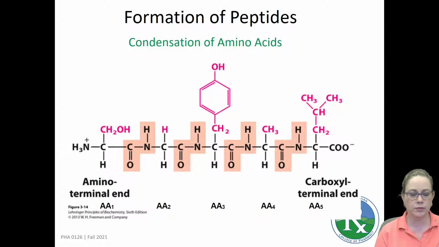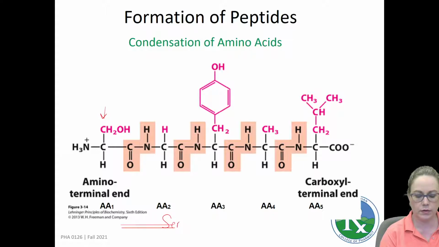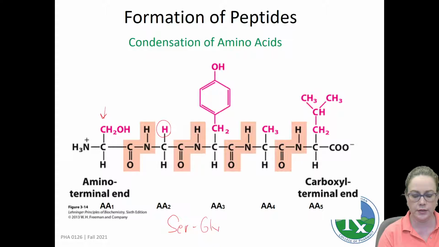The other thing we want to be able to do is provide the sequence for the peptide that's shown. You always start with the N terminus and work your way to the C terminus. Starting at the N terminus, we see our first side chain here, the CH2OH, is a serine. I'll put the sequence here at the bottom. So we're going to have Ser as our first residue. Next we have a hydrogen, which is glycine. That's followed by our tyrosine.